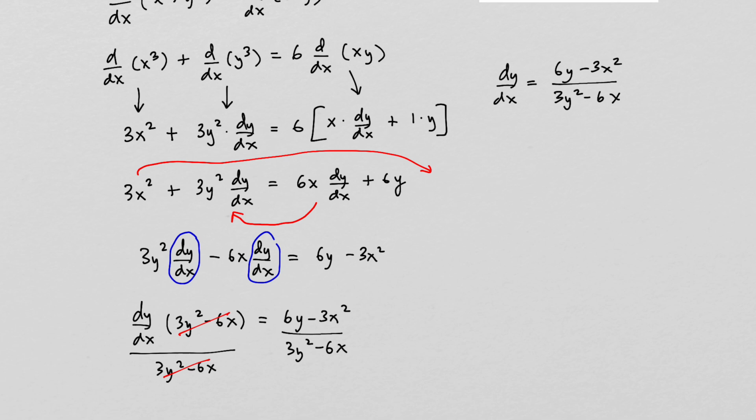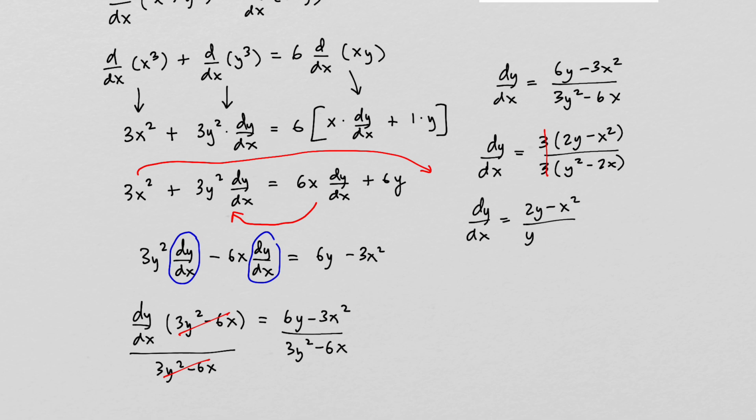Now that answer is correct, but you can actually factor a 3 out of the numerator and also a 3 out of the denominator. And once you do that, you can cancel out that common factor, and the simplified form of our dy dx is the following.